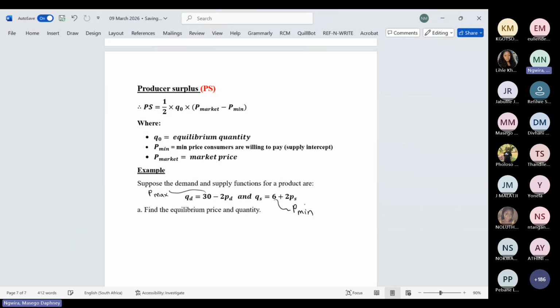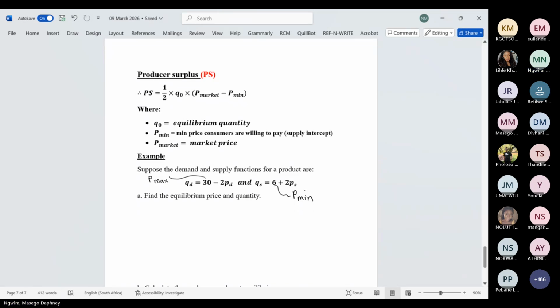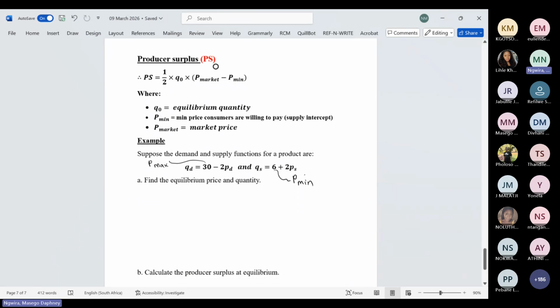And then I use the same example. Suppose the demand and supply functions for a product are given, then you find the equilibrium price. Again, you equate, doing the same thing again. So we're going to have 30 minus 2P equals 6 plus 2P.